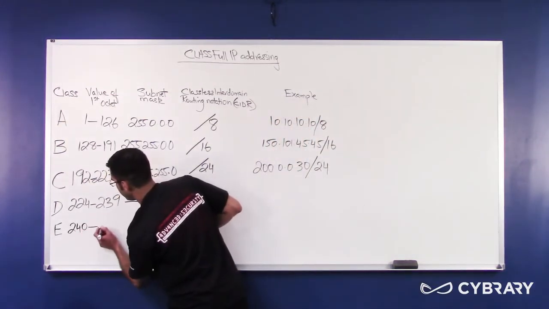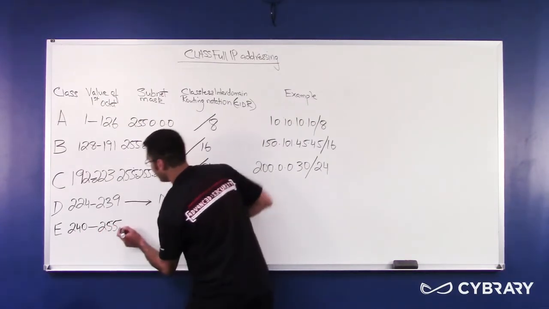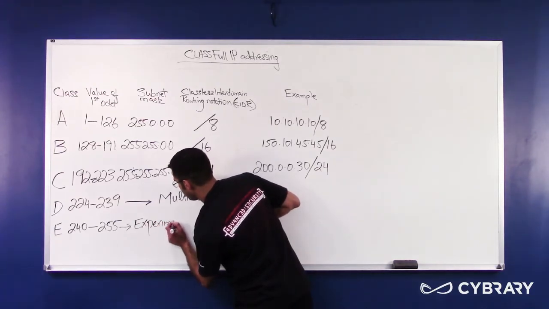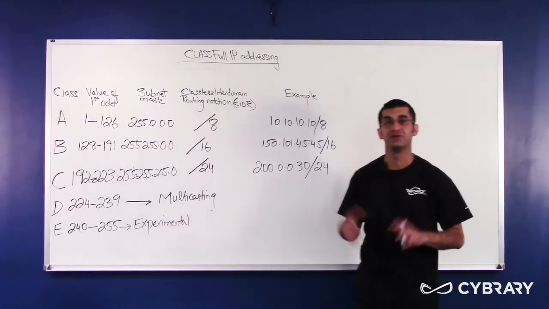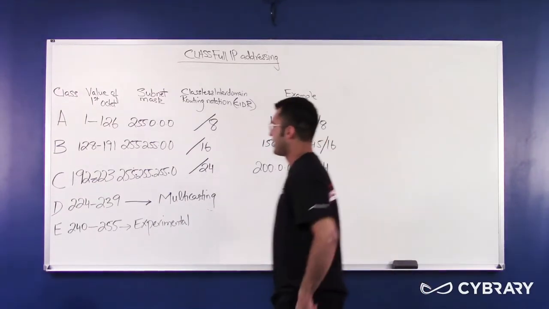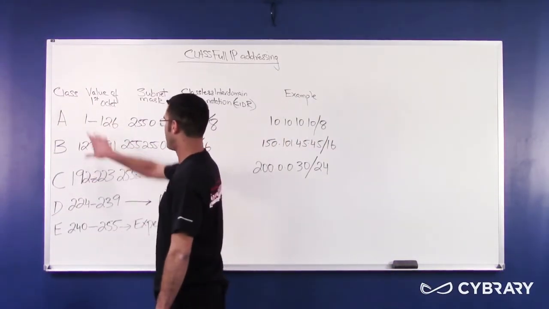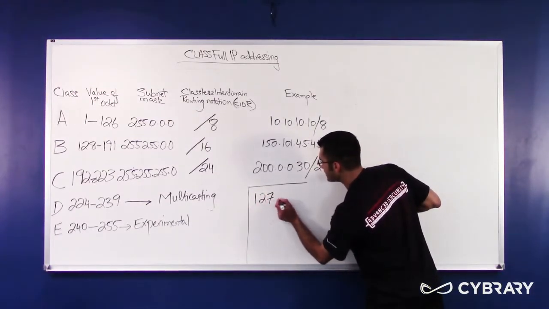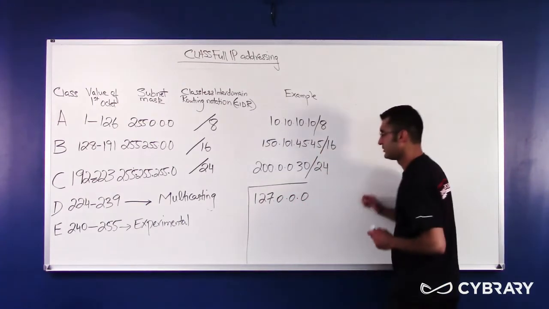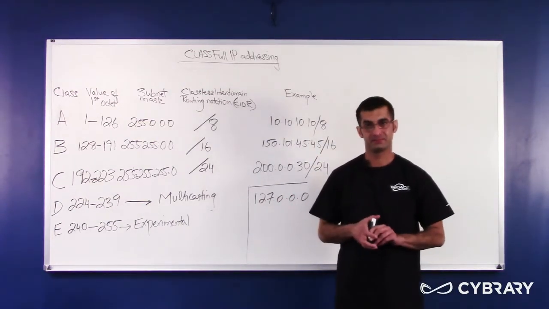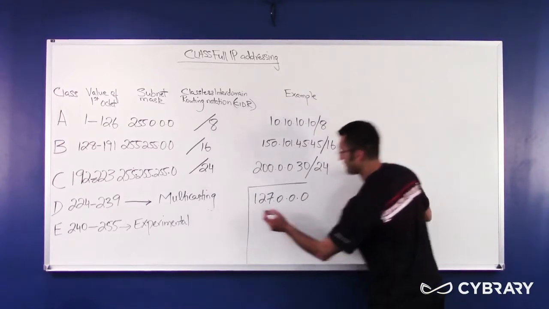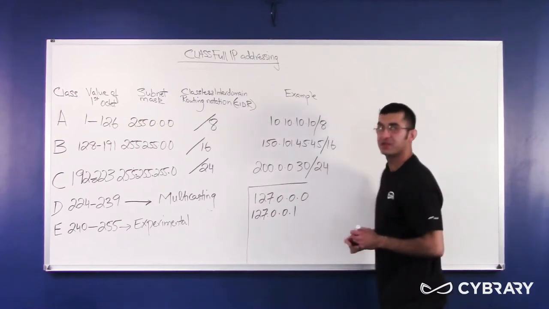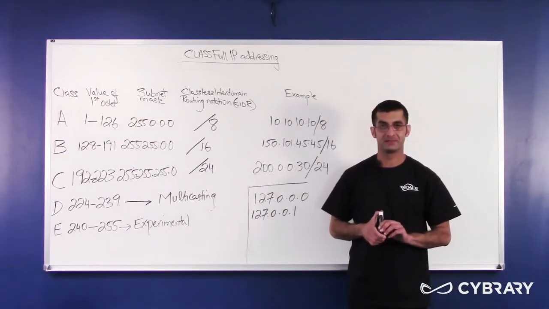Then there is class E. I believe it goes from 240 all the way to 255. And this is experimental and unused. You notice that I left the number 127 out. The 127 is not in this range. The whole range, 127.0.0.0, is reserved for testing. The 127.0.0.1 address is called the local loopback.